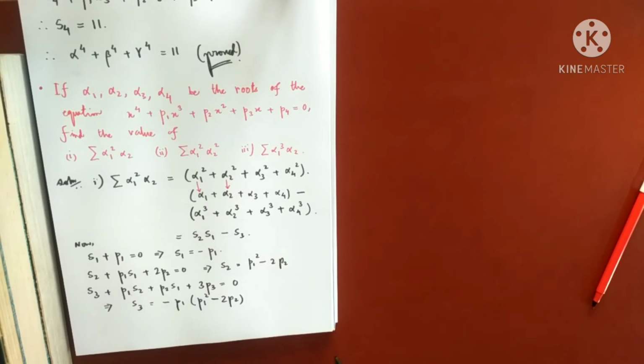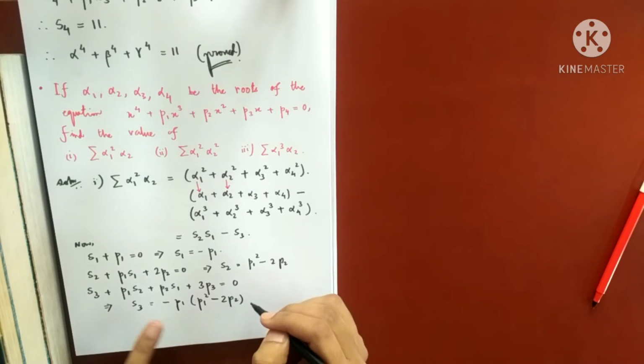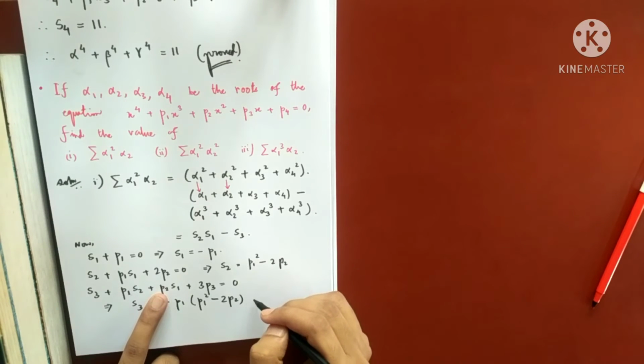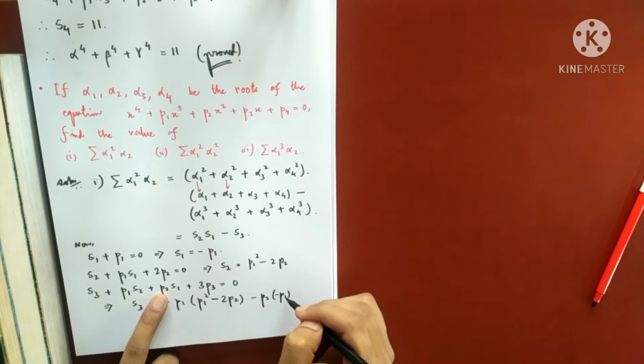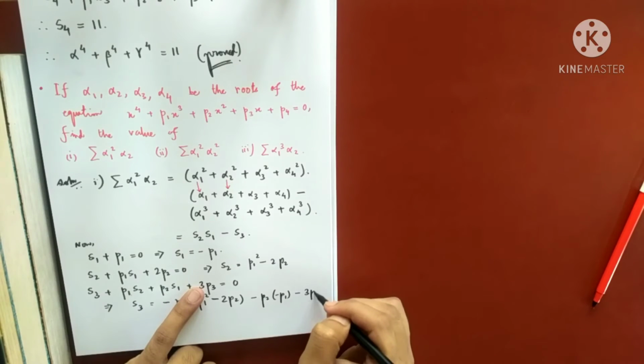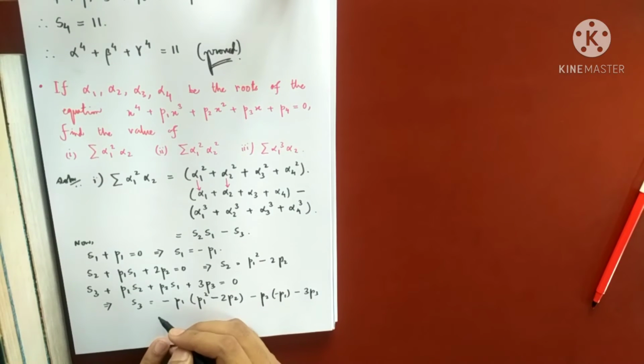But because I am doing a general question, it is a bit difficult to find S1, S2, S3 and S4 and so on. Minus P2 S1, S1 is minus P1, minus 3P3. What am I getting? You may just compute by yourself, okay? That is easy to compute.